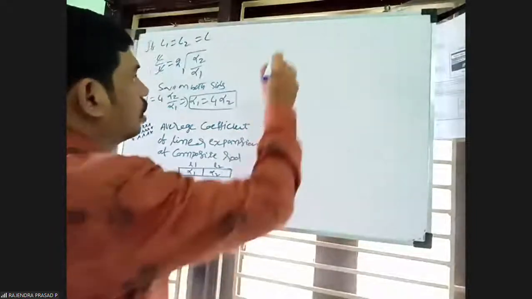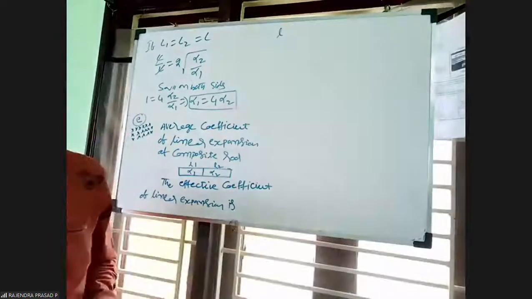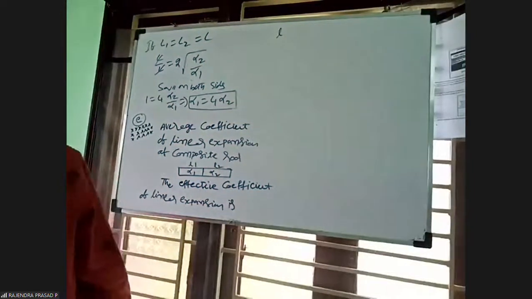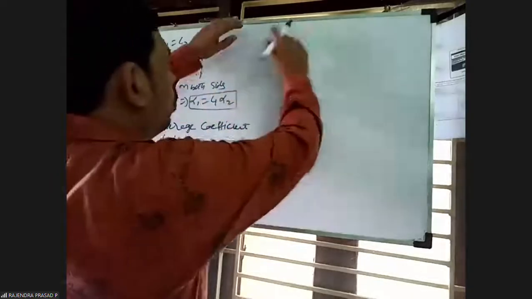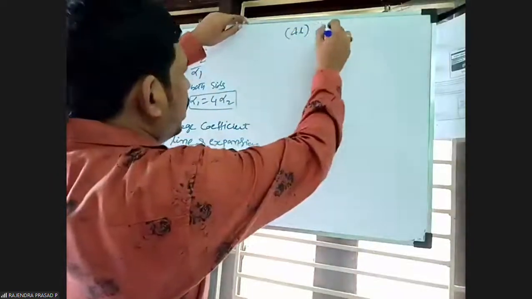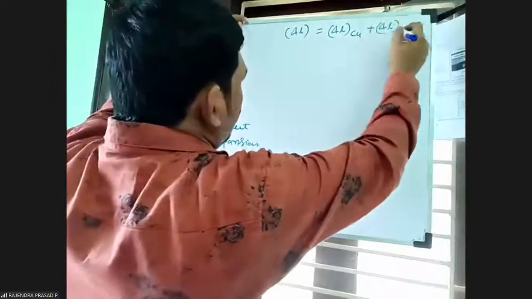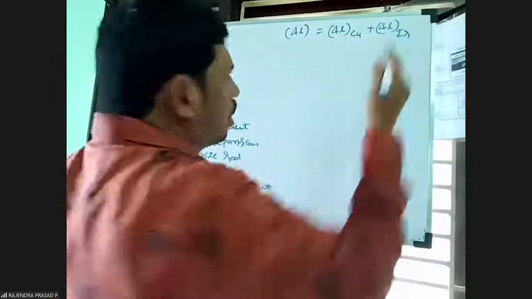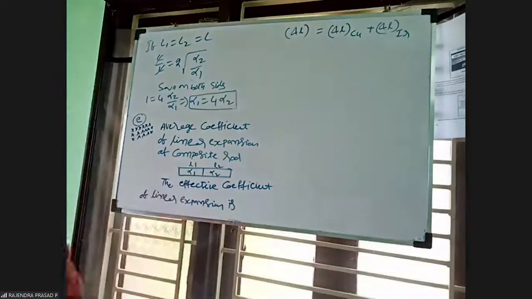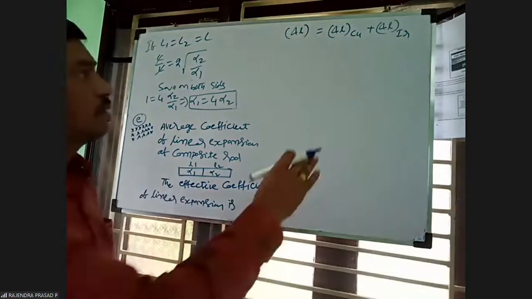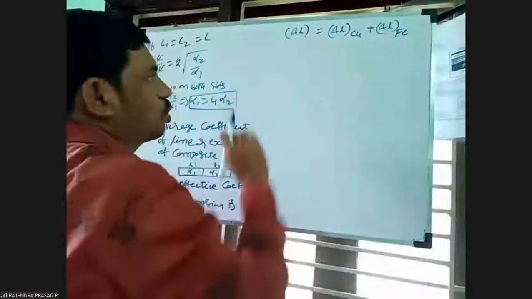Take two different rods, for example copper and iron. So delta L is equal to delta L of copper plus delta L of iron, the change in length of the two different metals. This is the total.